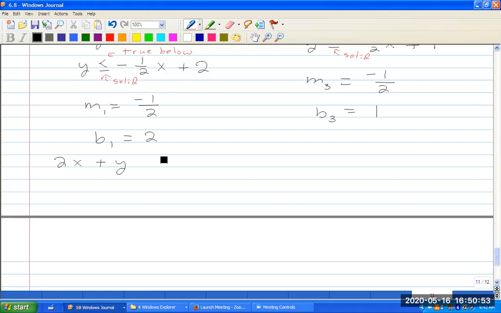Subtract 2x from both sides, so y is less than or equal to negative 2x plus 4. And so again, this is going to be true below. And as always, it's a solid line.